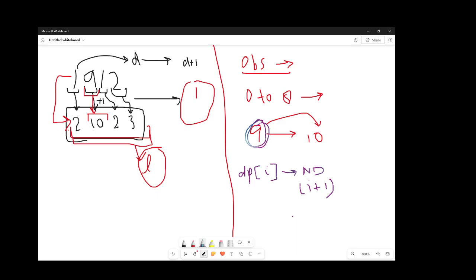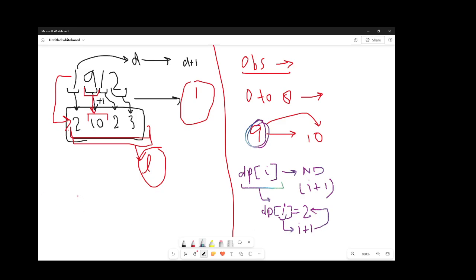So if we write dp[i] of 2, it means that the number of digits produced by 9 after i plus 1 operations is 2.